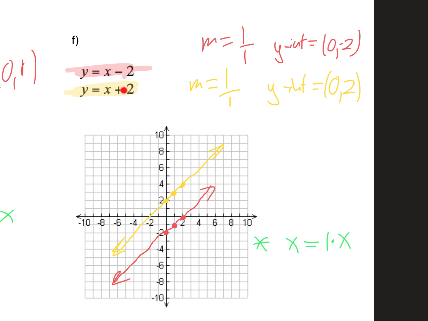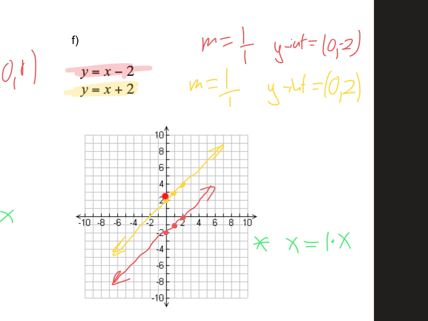The plus and minus 2 just changed the y-intercept. So for our red equation, having minus 2 put our y-intercept below the x-axis, and in our yellow equation, having plus 2 put it above the x-axis. Now, our y-intercepts are different, but what was the same? Our slope. So the rate of change, or the slope, of each line was the same.